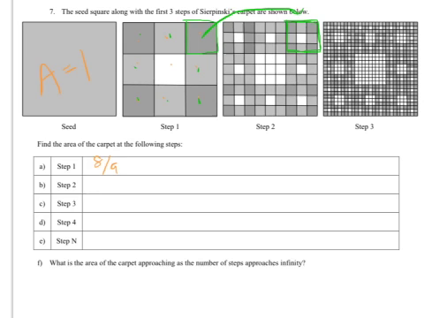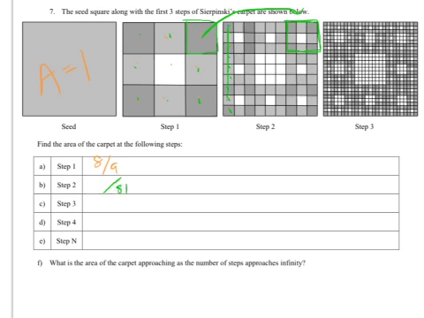So for step 2, I could try to count them all up. I could say, well, step 2, I have 1, 2, 3, 4, 5, 6, 7, 8, 9 down, and 9 across, so I have a total of 81 squares. And how many of them are shaded?